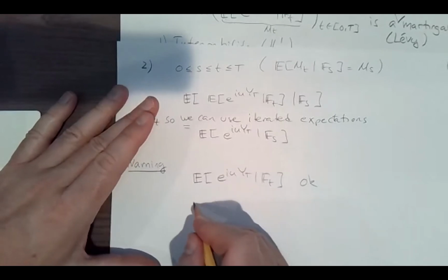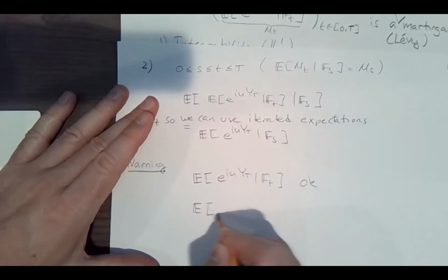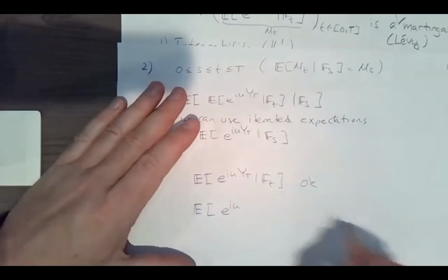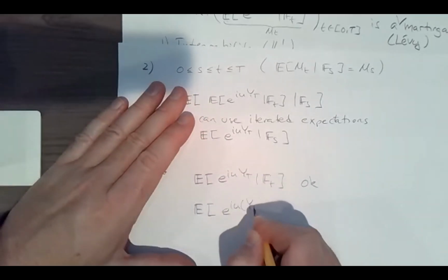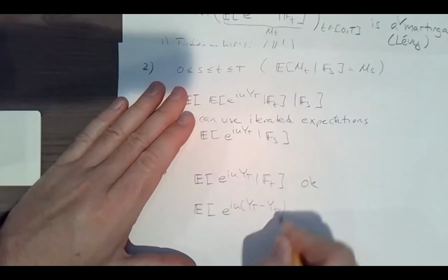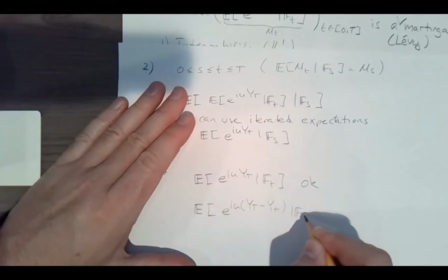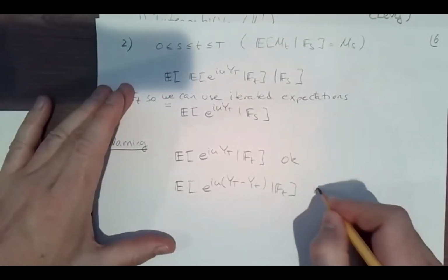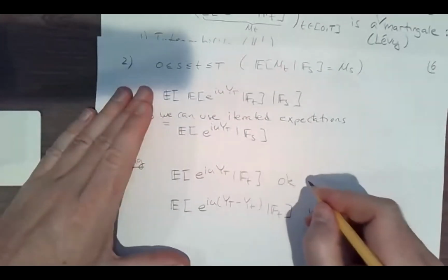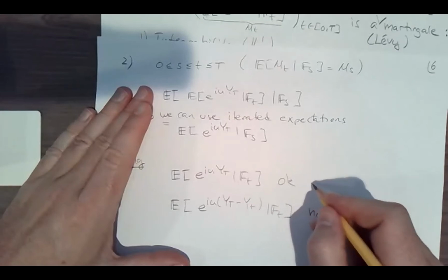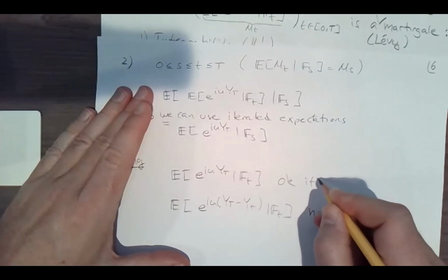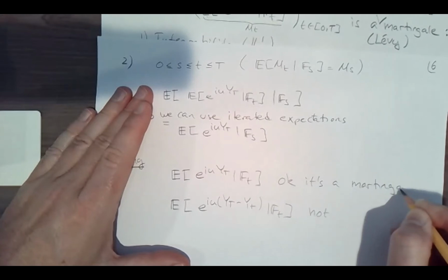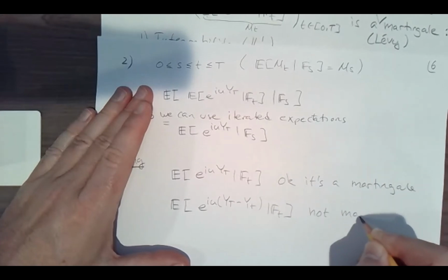But if I start playing monkey, if I start looking at E of e^{iu} and then maybe I'll start looking at Y_T minus Y_t given F_T, this is not okay. This one here is not a martingale.